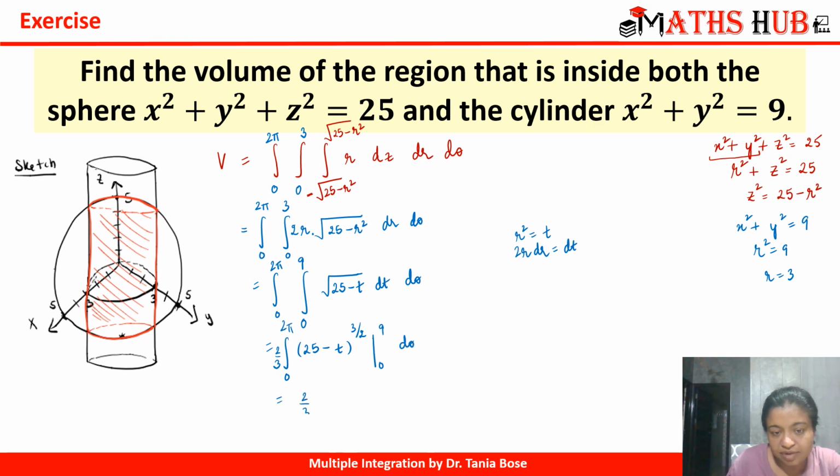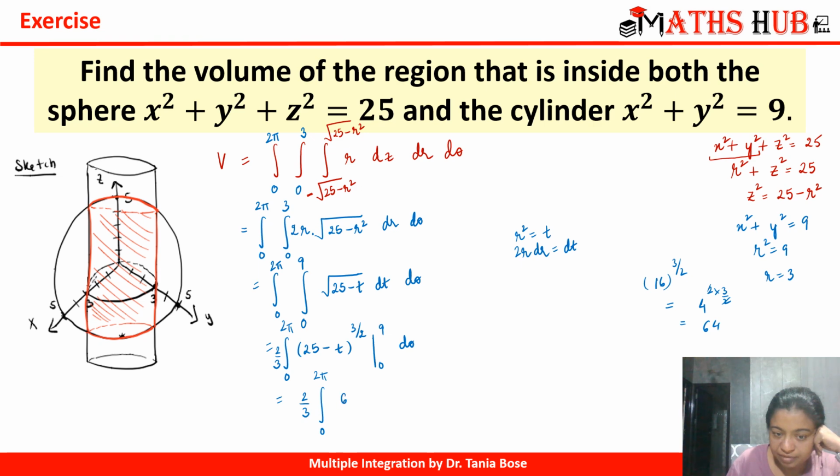So this is 2 by 3 integration 0 to 2 pi. 25 minus 9 is 16. 16 raised to power 3 by 2, so I can write this as 4 square to the power 3 by 2. So 4 cube, that is 64.